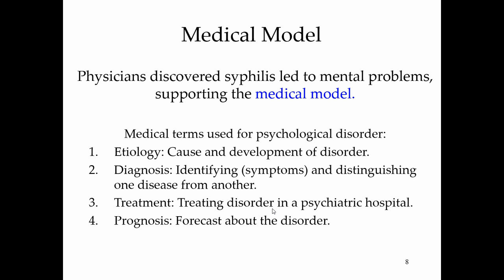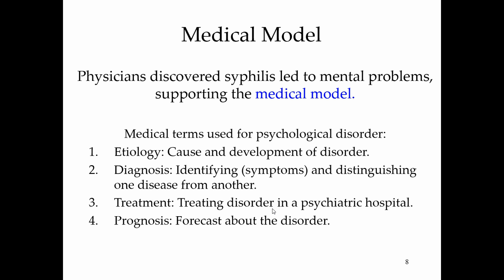Even today, many medical terms are used when we talk about psychological disorders. They might talk about the etiology of that disorder, how it was caused and how it developed. We might use the term diagnosis, that being a medical term of identifying symptoms and distinguishing one disease from another.